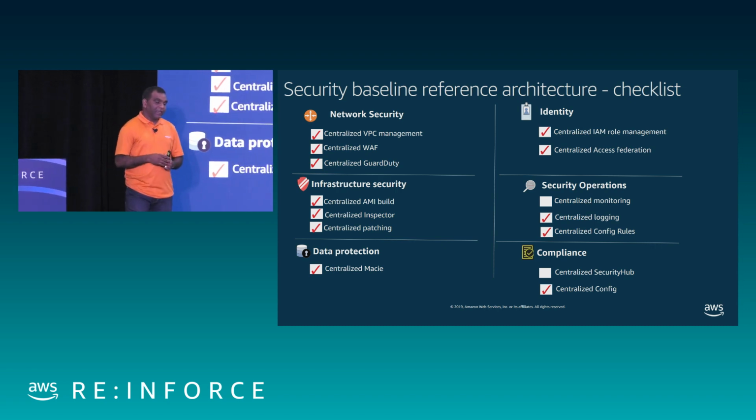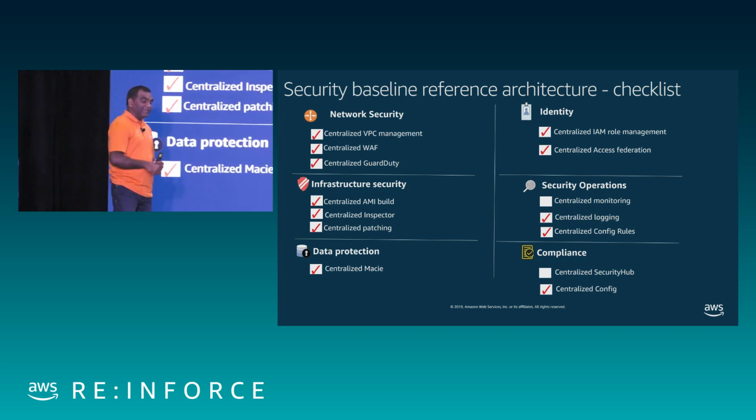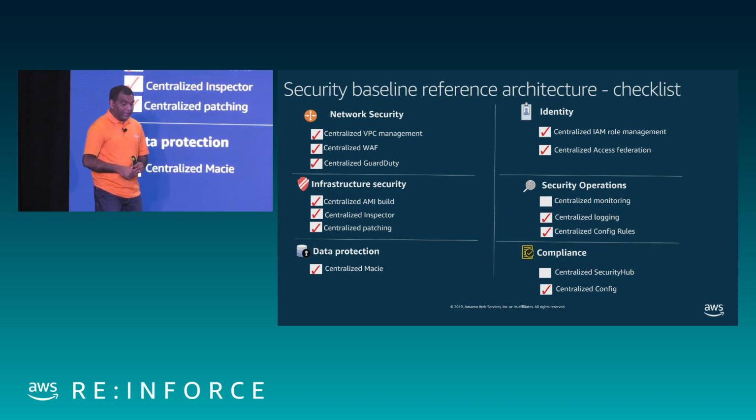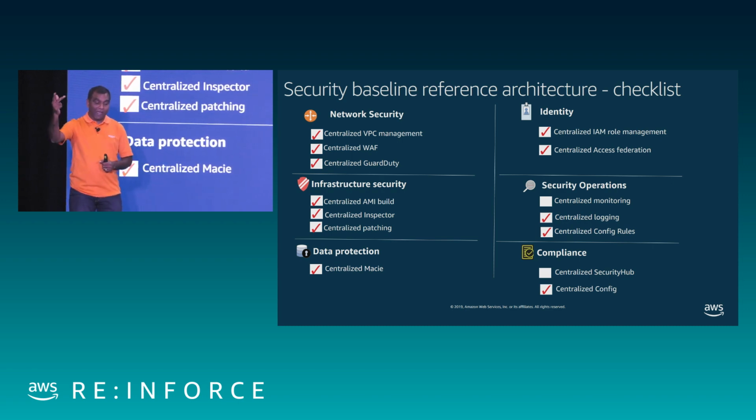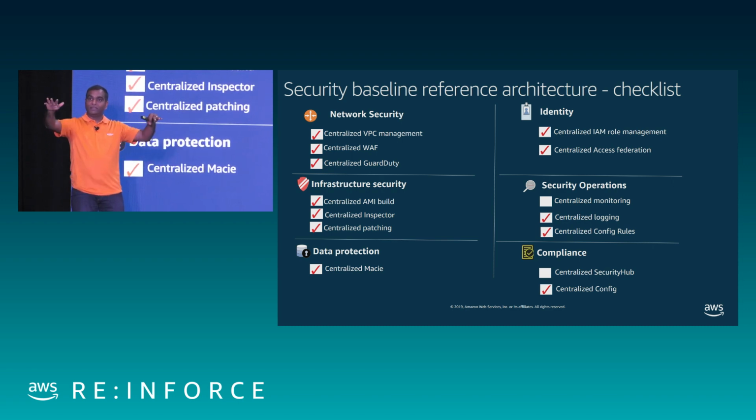And let's go back to our checklist again. Now, if you see, we have checked off more boxes here. We have a centralized WAF, and then we have centralized Inspector and patching, because you turned on the centralized Systems Manager, which I showed you two slides back, but we are going to look at it.